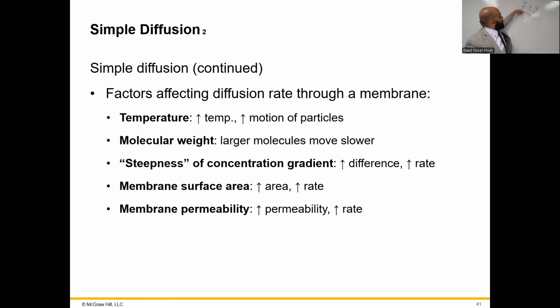Here the separation is 700 minus 100, a difference of 600. And the difference between those two is 300 minus 100, that's 200. Where is it more steep? Is it steeper here, 600 or 200? So it's going to go faster where?